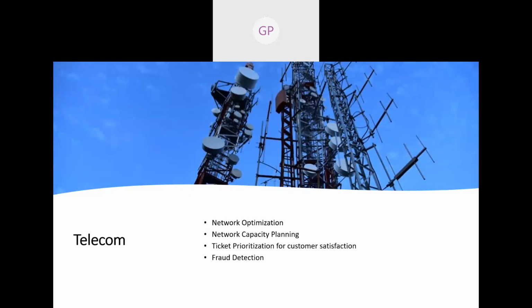Basically, they would be able to heal themselves, find a different route to optimize the networks, and do capacity planning of the networks. And it's not limited to the networks. There are also use cases in terms of customer satisfaction, wherein ticket prioritization can be done as to which ticket carries more weight and should be addressed first, autonomously. And there is a classic case which spans various other domains, which is fraud detection.